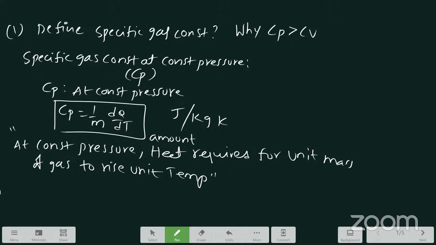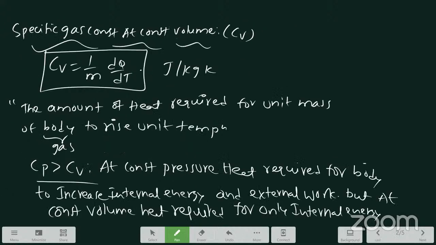So, Cp, Cv. At constant pressure, this is the definition: heat required for unit mass of gas to rise unit temperature. This is the definition of Cp. Definition of Cv at constant volume: heat required for unit mass of body to rise unit temperature.